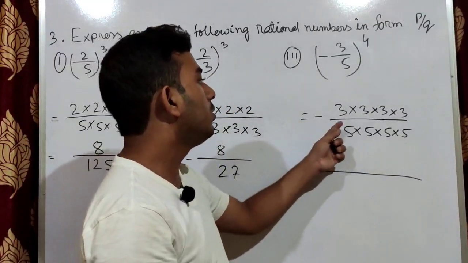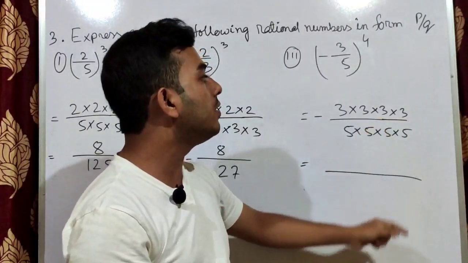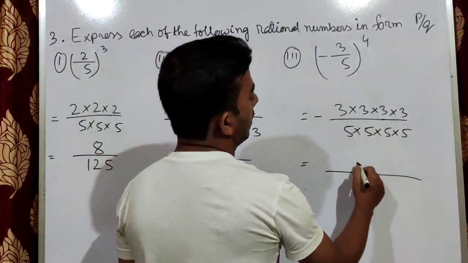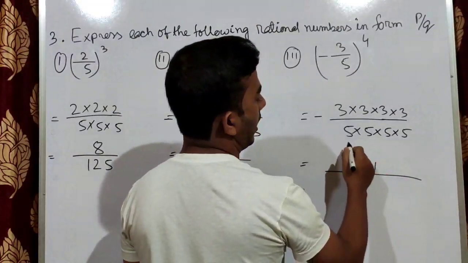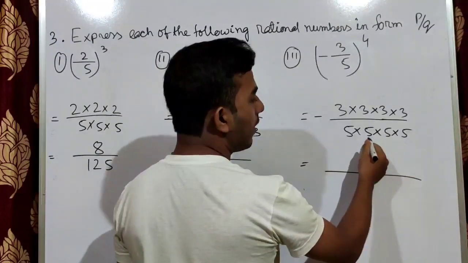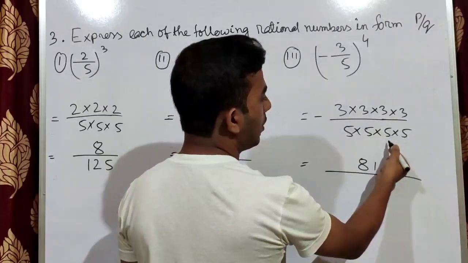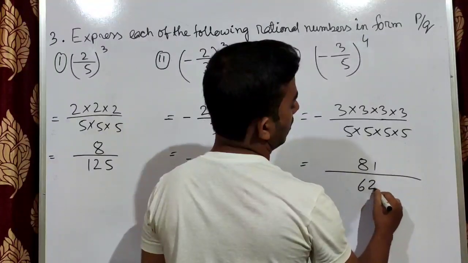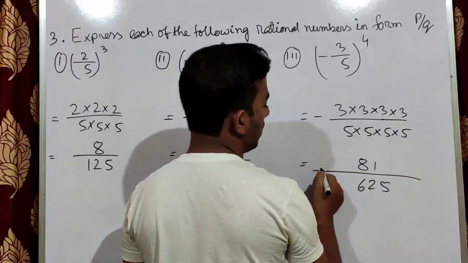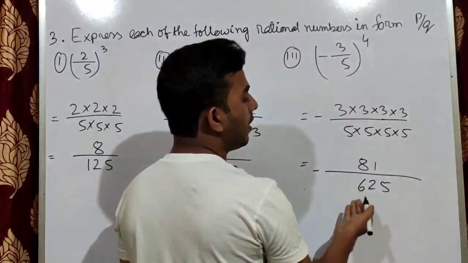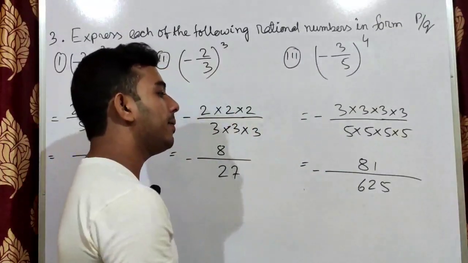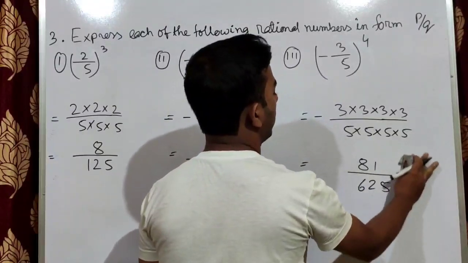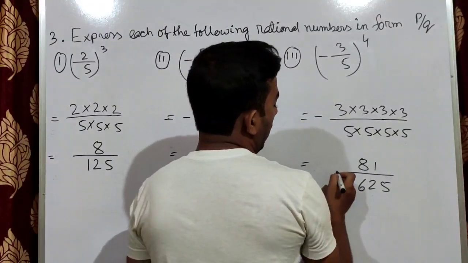Now 3 into 3 is 9, 9 into 3 is 27, 27 into 3 is 81, and 5 into 5 is 25, 25 into 5 is 125, 125 into 5 is 625, and with the minus sign, that means minus 81 divided by 625. Clear? This is our required answer.